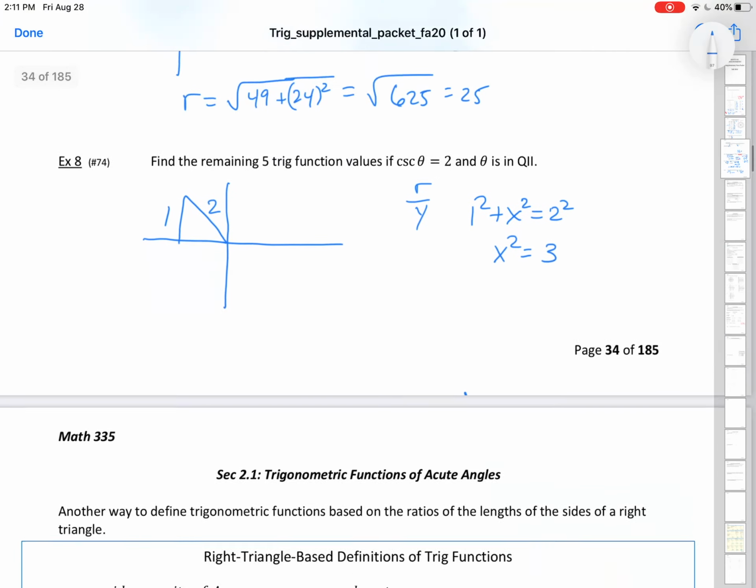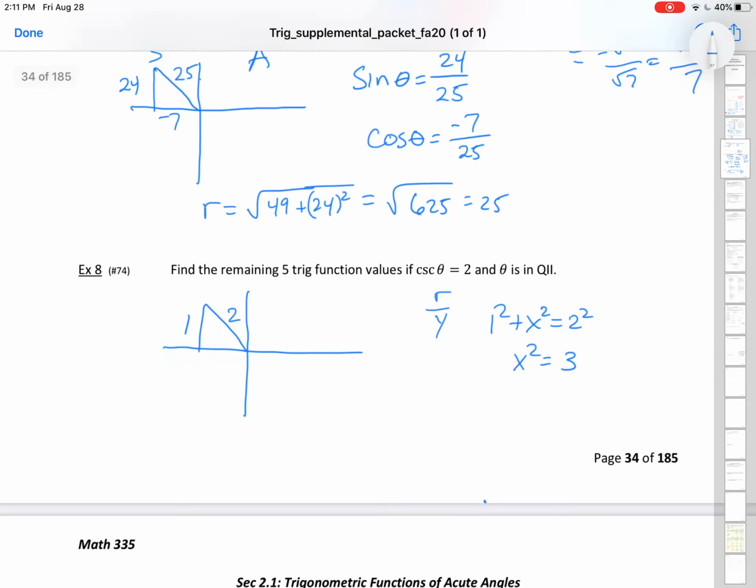I touched over to the side again. So x technically is equal to plus or minus root 3, but you know that it's the negative one this time. It's the negative guy because we're headed in the negative x direction. And so you're going to be thinking about the problems, picking the right signs, and then to find the remaining trig functions, you just do it.